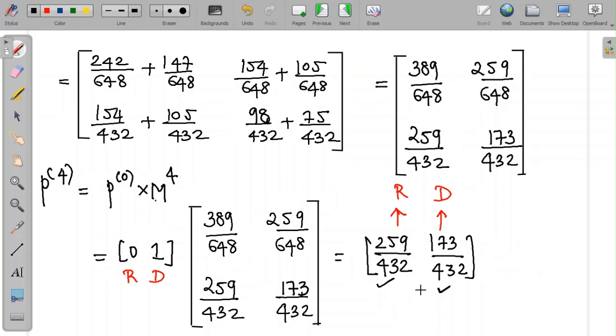So the 5th of March is a rainy day with a probability of 259 by 432 and a dry day with a probability of 173 by 432. And since the question wanted us to focus on the dry day, then we know that the probability that 5th March is a dry day is 173 by 432.